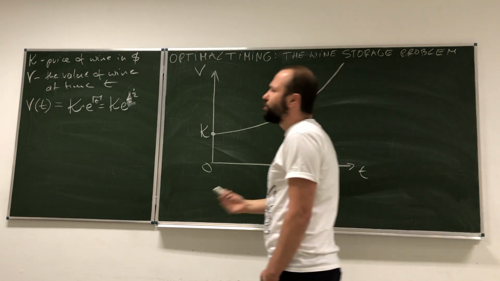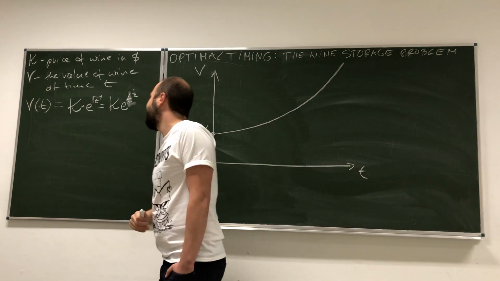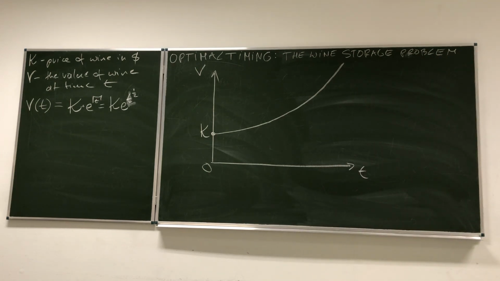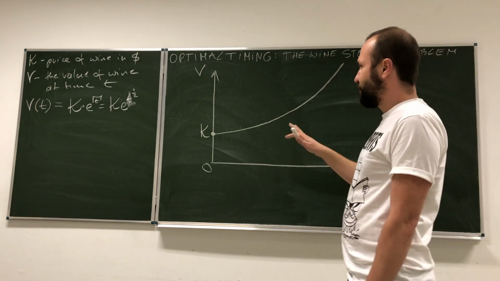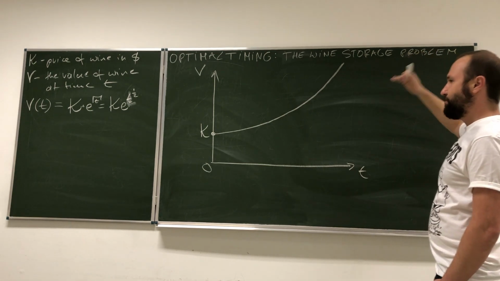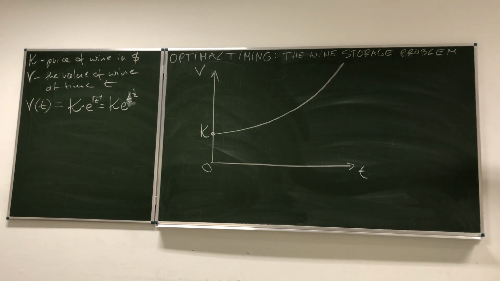It's not the usual kind we are using because we have the square root of t over here. So the effect of time is pressed down, but still we will get a shape like this. So we expect that the value of wine will be growing.